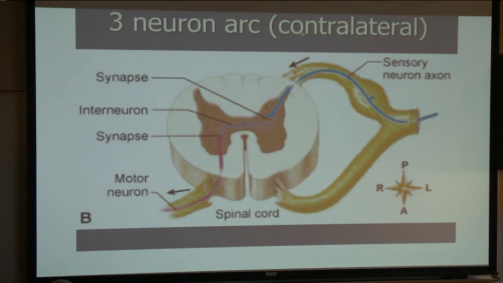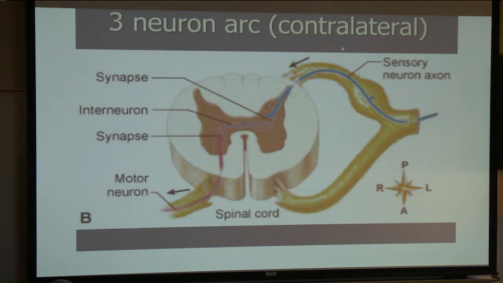So if I ask you on the exam to draw me a 3-neuron reflex arc through the spinal cord and make it contralateral, this is what you'd have to draw. You'd have to make certain the sensory information comes in through the back of the spinal cord. You have to have that 2nd neuron, the interneuron, and it has to start and end in the spinal cord. And then you have to have the 3rd neuron, which needs to exit through the front.